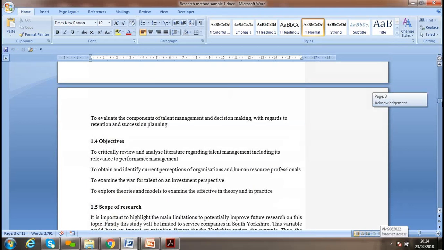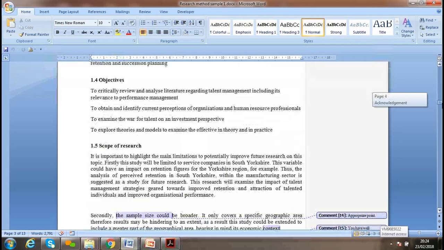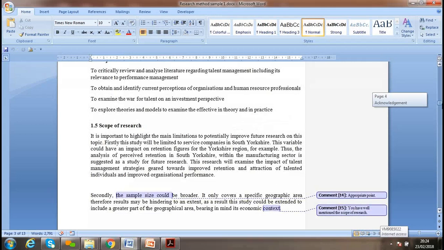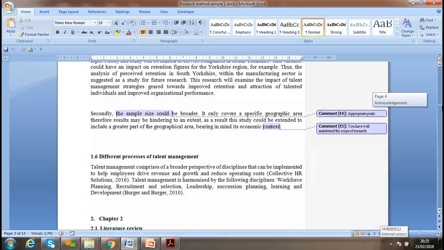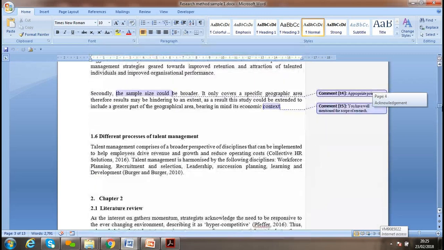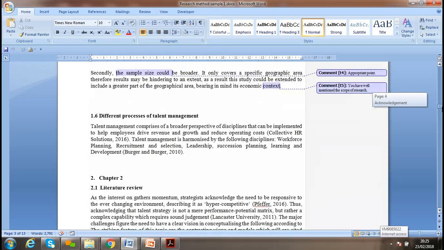Then the objectives of the research are to critically review, to obtain, to examine, and to explore. Then the scope of this research will develop understanding. Someone did this research on different processes of talent management.